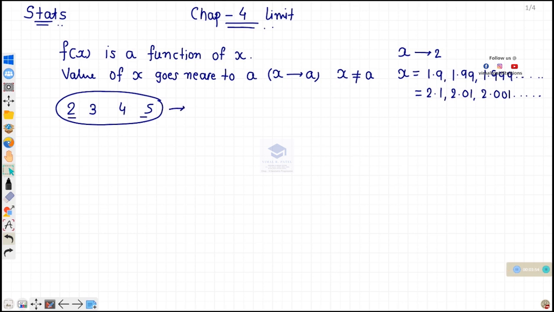This is a closed interval. Then this is an open interval.